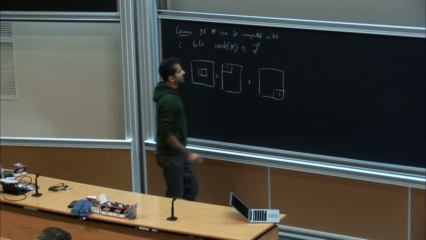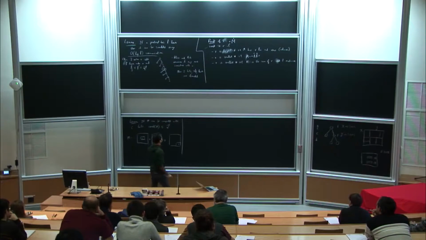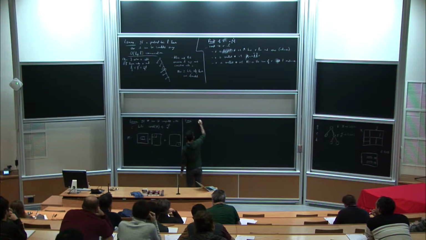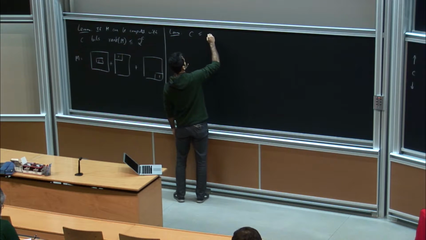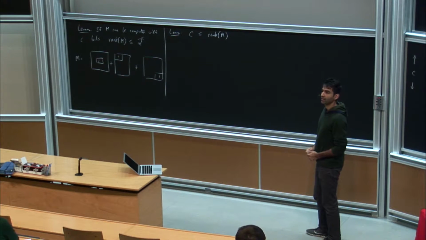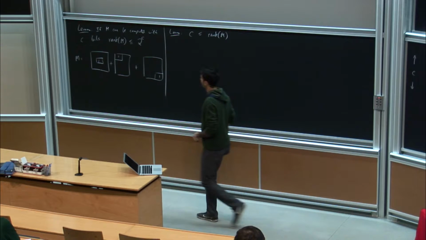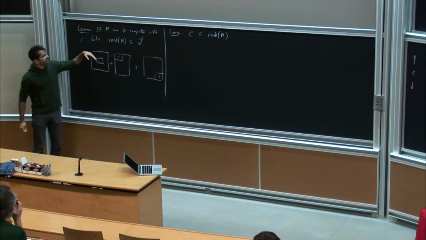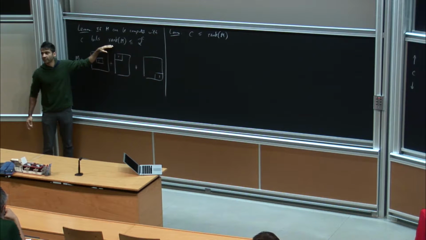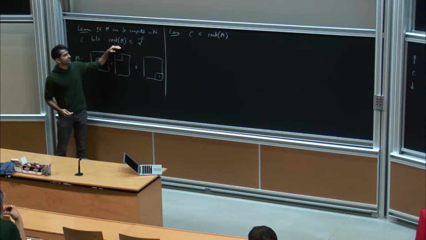Okay, and another inequality is that, so another lemma is that the communication complexity is always at most the rank. Okay, and that's another fact that's somewhat easy to see, but let me explain why that's true. It follows from this fact that I just said, that the rank over GF2 is always smaller than the rank. So if the rank is this, that means the rank over GF2 is at most that.